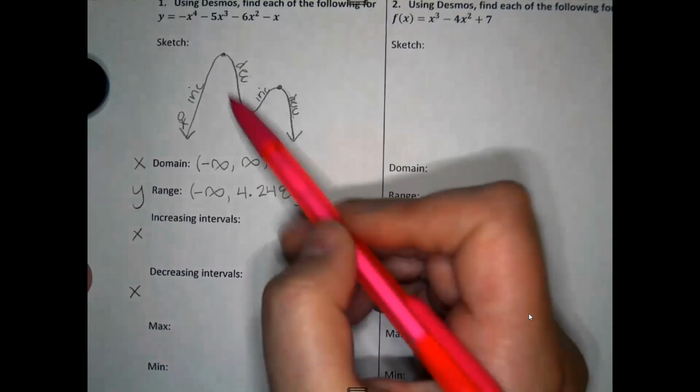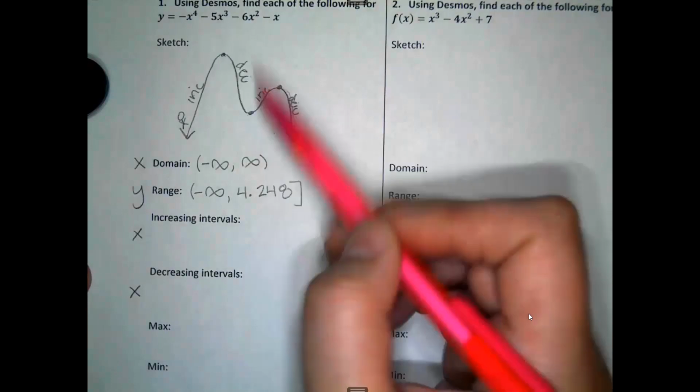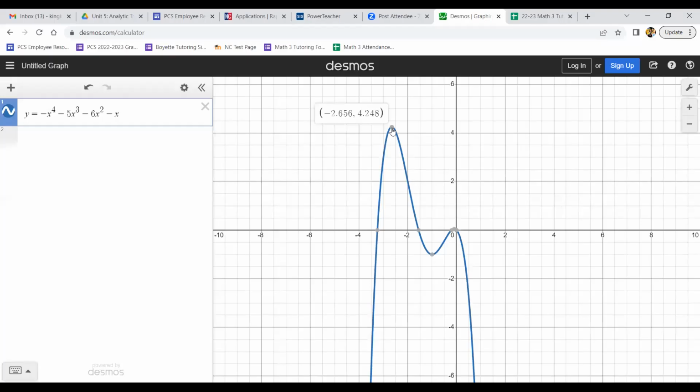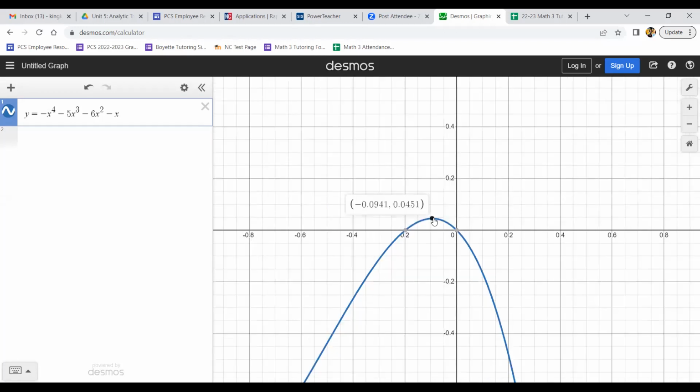So I'm going to go back to the graph and I'm going to look for x coordinates for this mountaintop, this valley, and this mountaintop. I need to write down all those x values. So I've got that one, and then this one's kind of hard to find, so I'm going to wait for a second until I can isolate that point. So -1 for the valley, -2.656 for the mountaintop, and then over here, I'm going to zoom in, and then there's my other mountaintop.